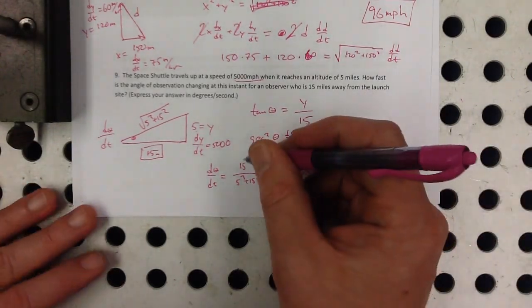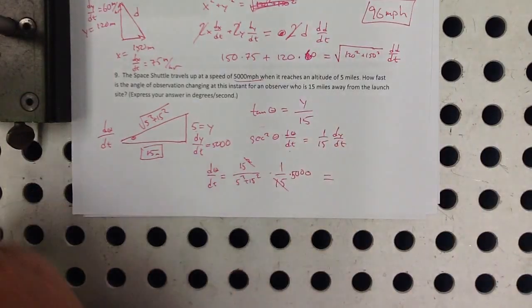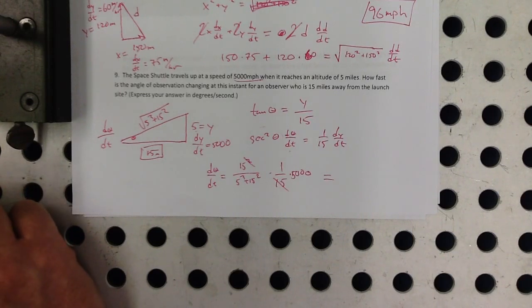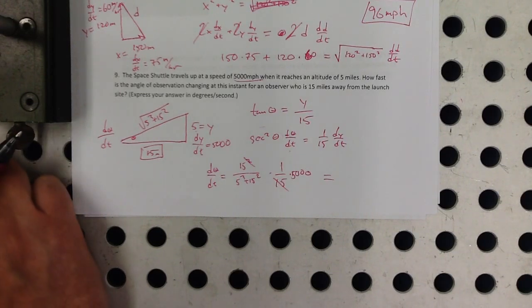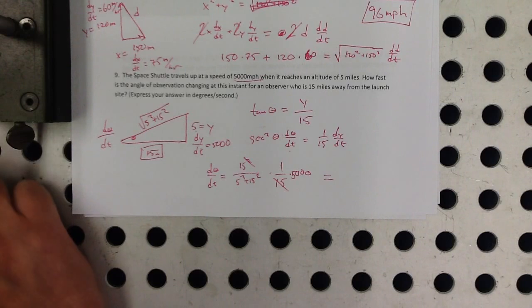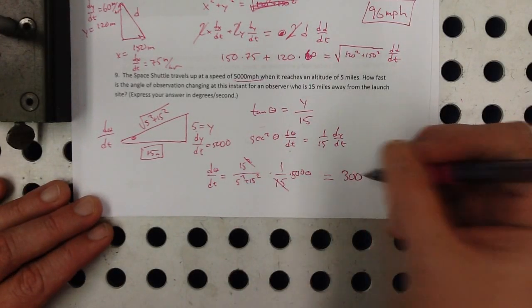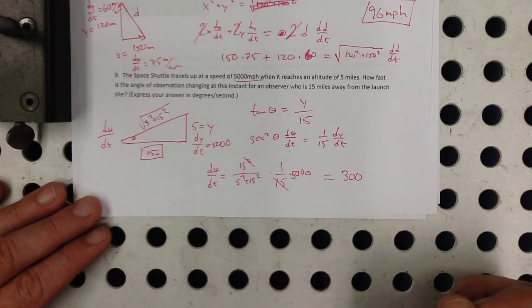So one of the 15s cancels out, and we get that it's changing at a rate of 300.